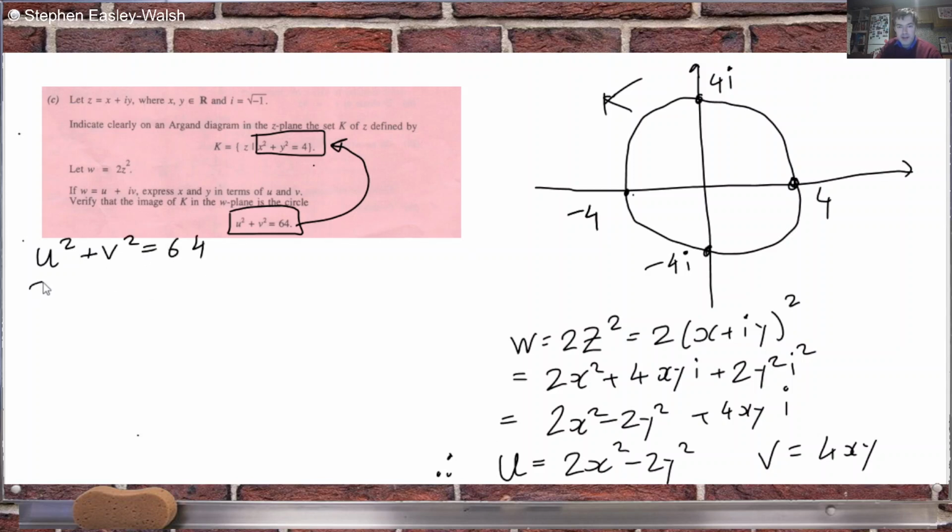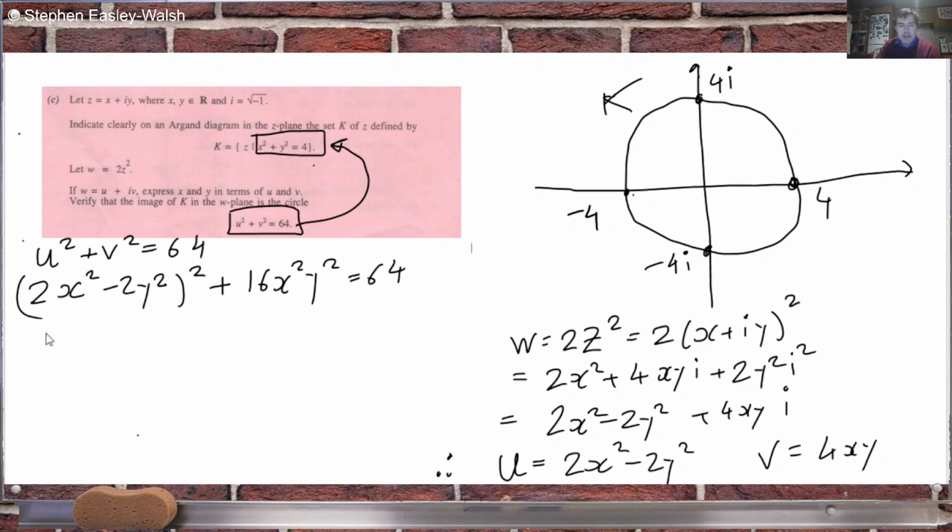So that means (2x squared minus 2y squared) squared plus v squared equals 64.